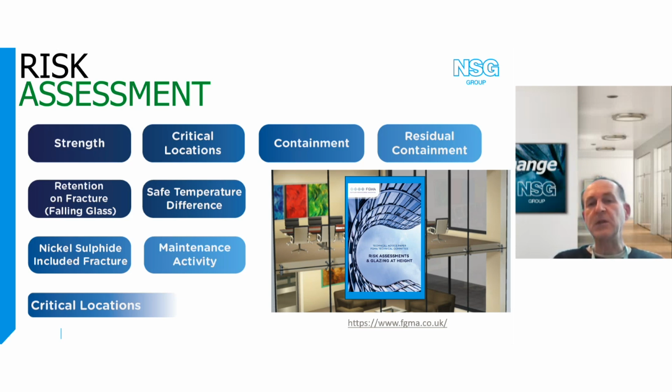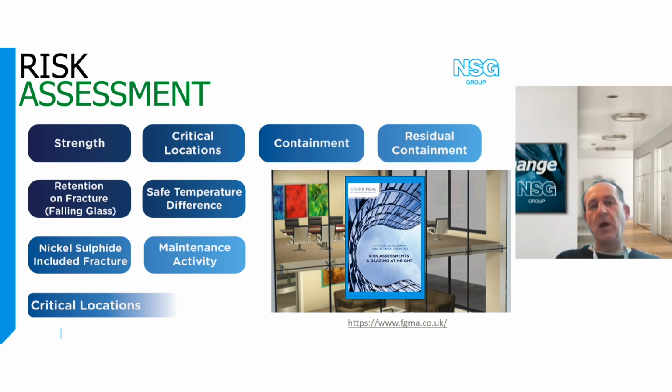There are other factors to consider or that may need to be taken into account, such as the strength, the location, temperature, maintenance, refurbishment considerations, and there are several others. Now, there's guidance available that's been published in the past on undertaking risk assessment for glass, particularly when it's installed at height.